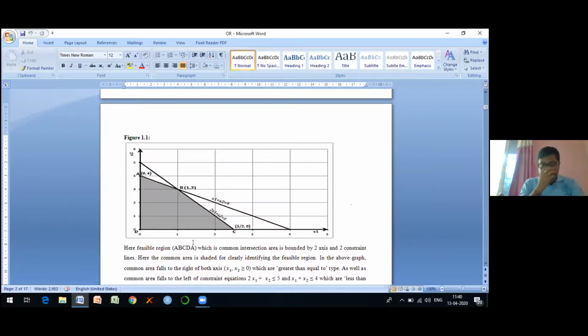Now the second step is that we should consider all the corner points and put the values of the coordinates of these corner points into our objective function. So what is our objective function?